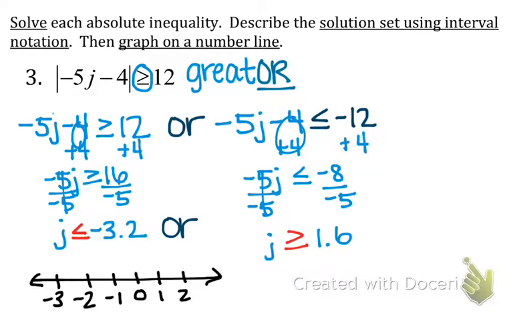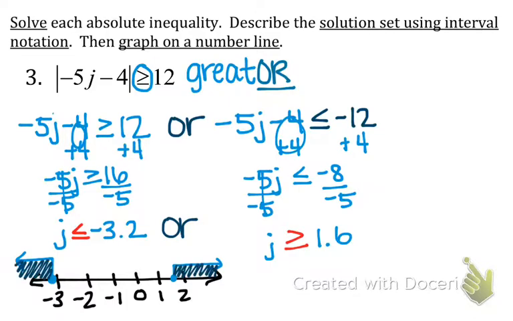So our first set is that j is less than or equal to negative 3.2. I find negative 3.2 and show that my graph goes to the left because our j values are less than negative 3.2. Or I can also include my j values to the right, greater than or equal to 1.6.